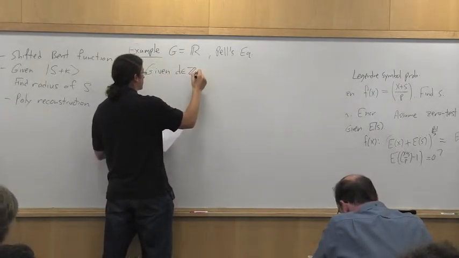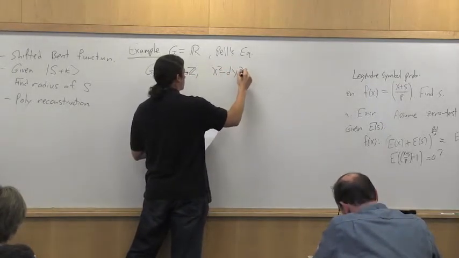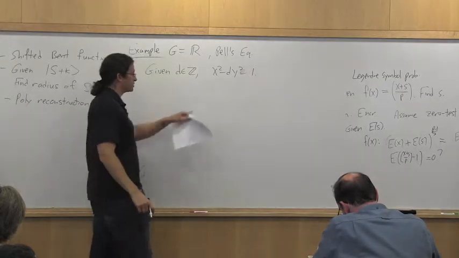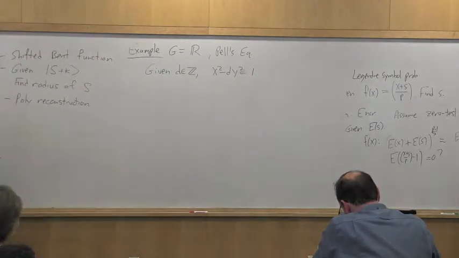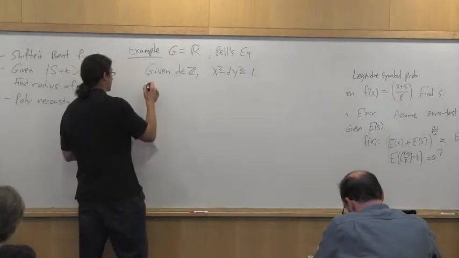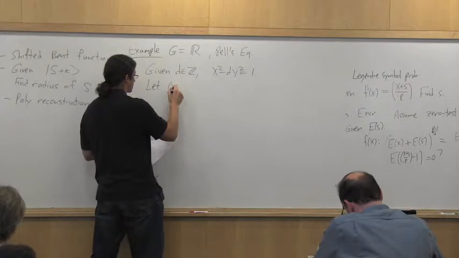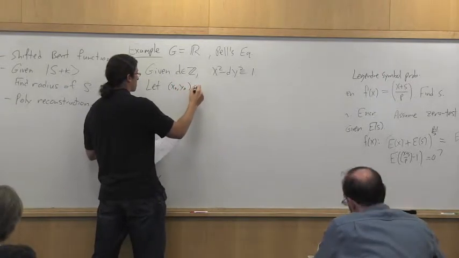So you're given a positive non-square integer d, and you have the equation x squared minus d y squared equals 1. And you want to find integer solutions x and y to this equation. And it's known that there's a fundamental solution, some solution x naught, y naught.